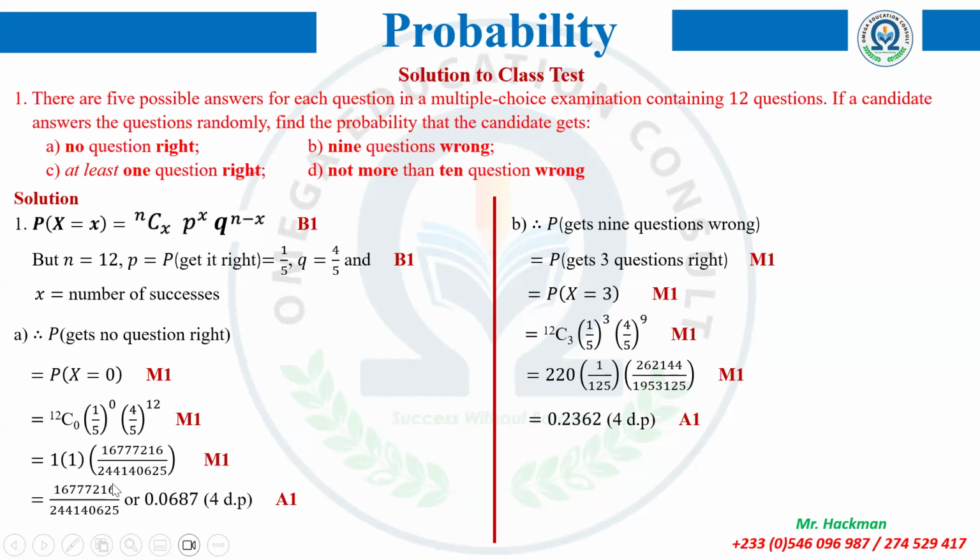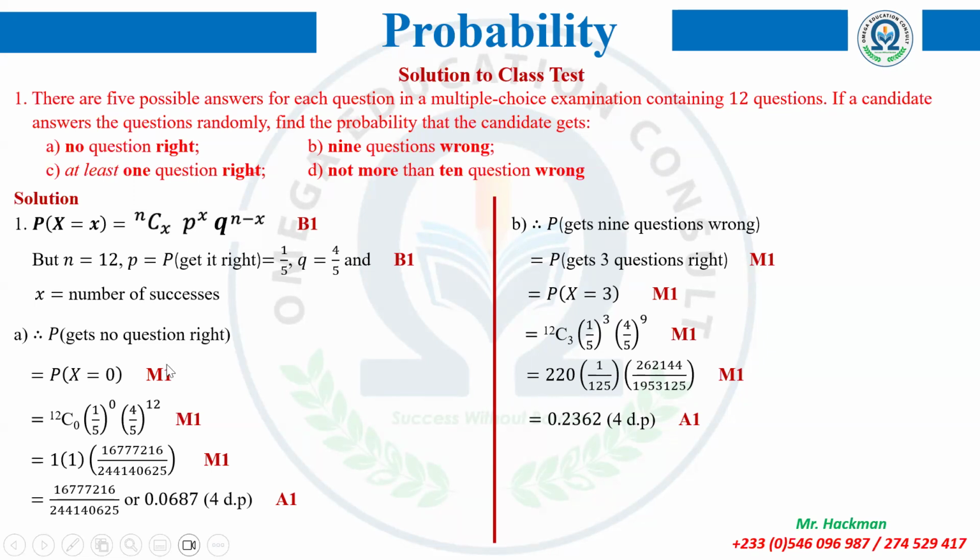Remember I've told you to avoid decimals if possible, so if you leave it as a fraction, that's okay, or you can use the decimal representation. The value here is involved, so you can also approximate. Then we move on to B.